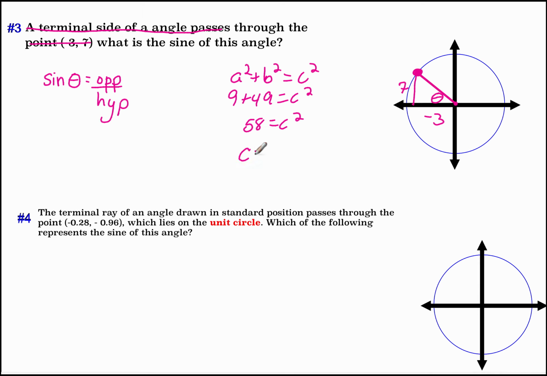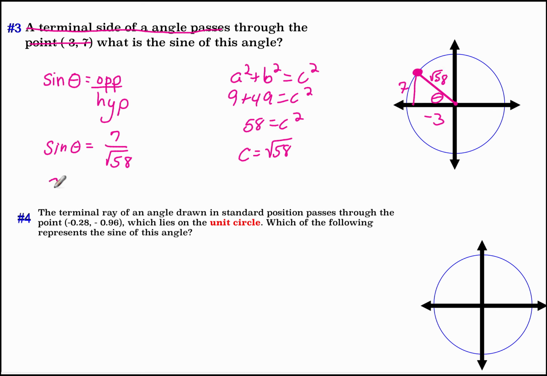So c is the square root of 58. Now in this case, c is the hypotenuse. We never have to decide whether it's positive or negative. It's always positive. So the sine of theta is the opposite side, which is 7, over the hypotenuse, which is radical 58.